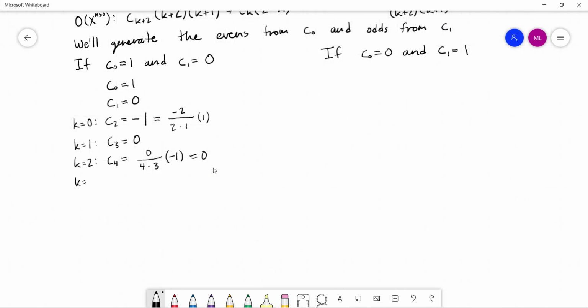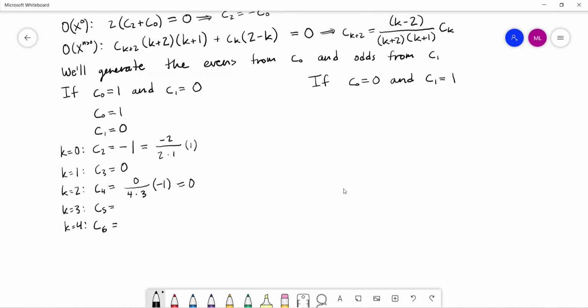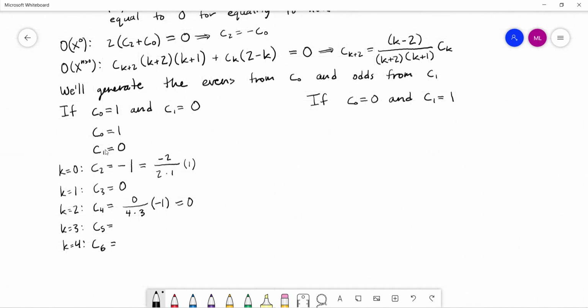Let's go to the K equals 3 case, and then the K equals 4 case, and so on. So K equals 3 gives us C5, K equals 4 will give us C6, and so on. So what is C5? Well, again, we can see that every other term is generated by these odd ones. So if C1 was 0, if I plugged in 0 for C1, it gave 0 for C3. If I plug in a 0 for C3, it'll give a 0 for C5. So this formula will generate zeros for all of the odd ones. And the second we generate a 0 for one of the terms, all of the ones 2 above that will also be zeros.